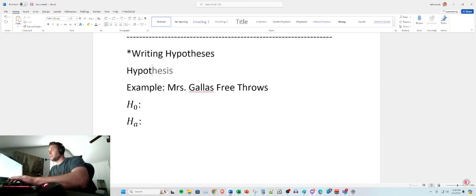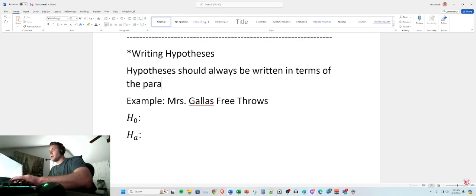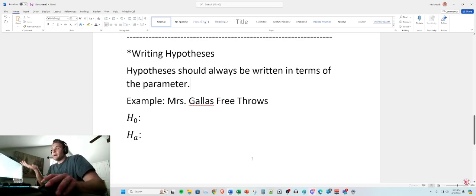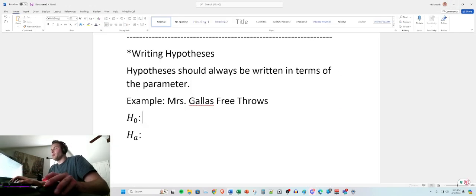So we'll say this: hypotheses should always be written in terms of the parameter. We identified our parameter. That was where this began. All of Miss G's free throws. It's her ability to shoot a free throw. Okay. So what we're going to put here, we know that the parameter of interest is a population proportion. So we're going to put P. Okay. And that goes for actually both of these. So let's put P for both of these.